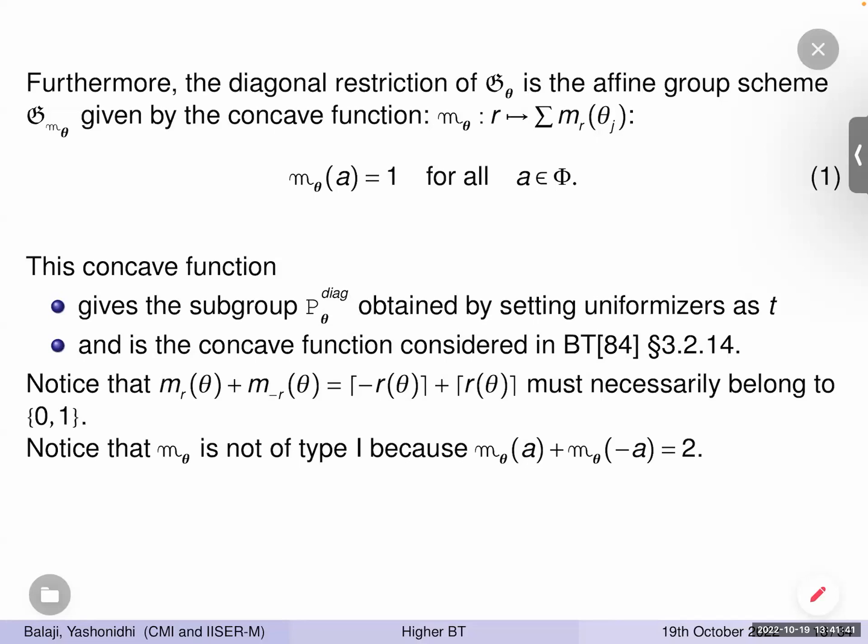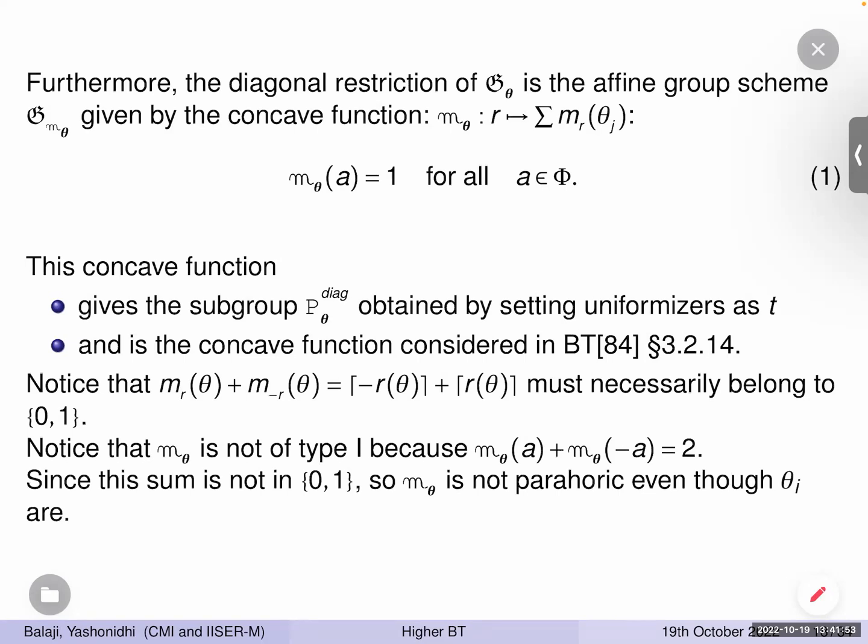Notice that M_theta is not of type 1, because M_theta(a) plus M_theta(-a) is 2. Since this sum is not in {0, 1}, M_theta is not parahoric, even though individually the two theta_i's are. So I want to show this phenomenon because we'll come to this again in the penultimate slide.